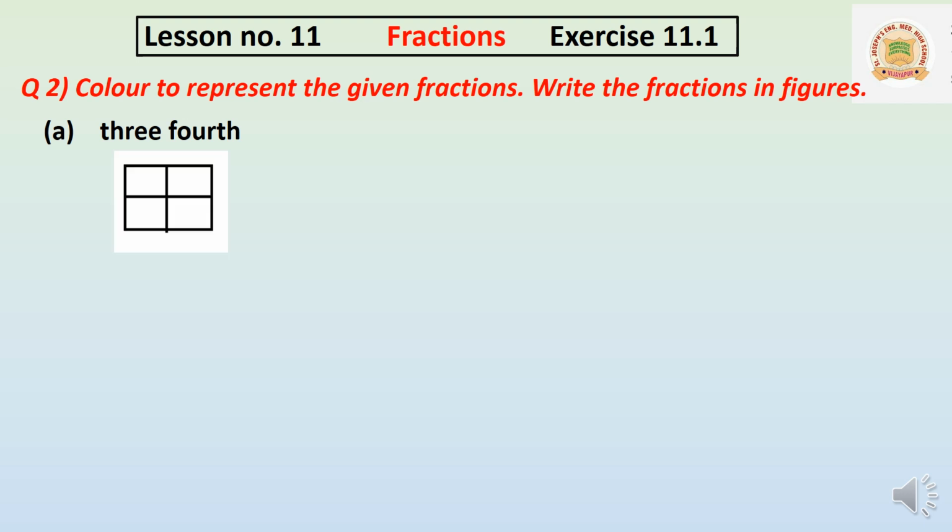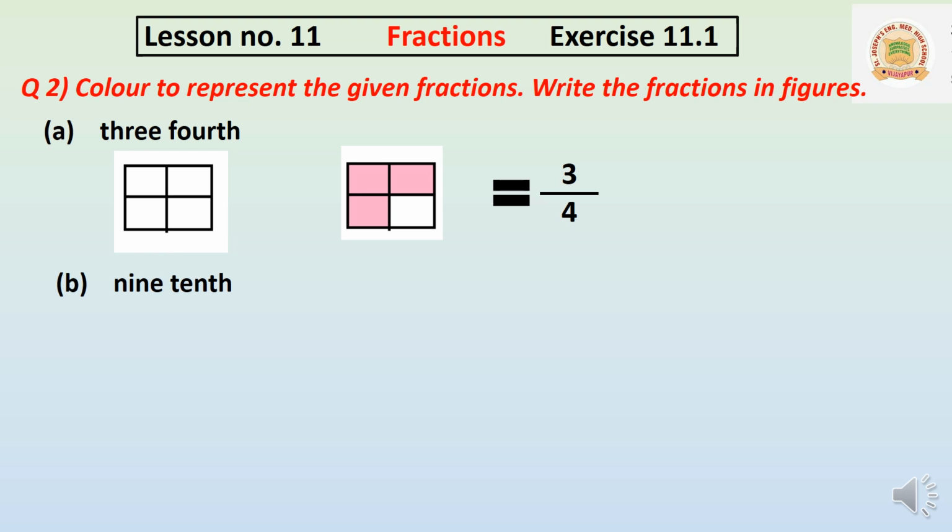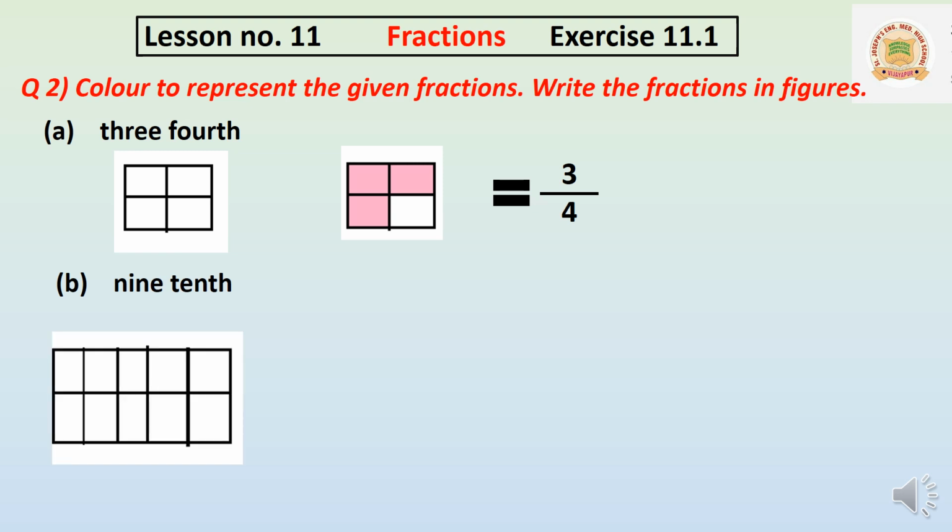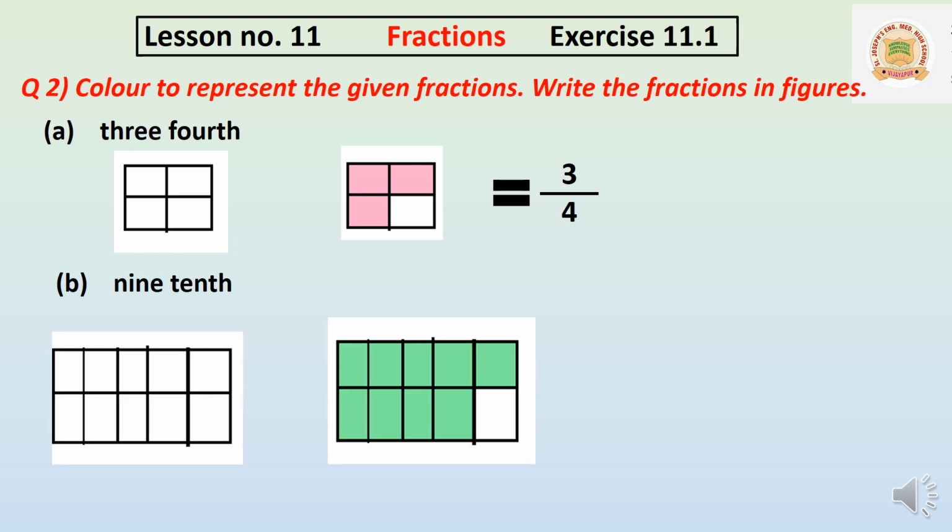Okay. So there are 4 empty boxes given, and the question is 3/4. That means in these 4 parts we have to color 3 parts. So we have colored here, and it will be written as 3/4. Like this we have to write, children. 9/10. So here 10 parts are there. We have to color 9 parts, and it will be written as 9/10.